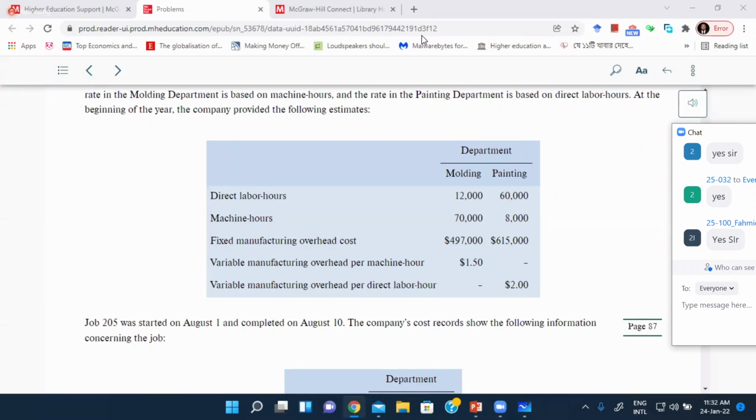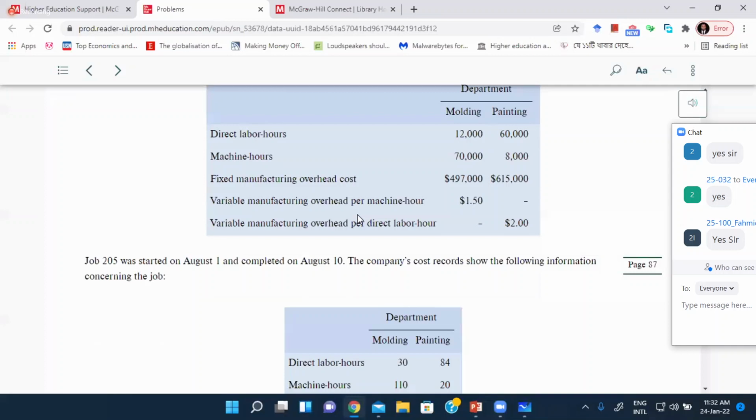Fixed manufacturing overhead cost is $497,000 for molding, and for painting it is $615,000. And the variable manufacturing overhead per machine hour is 1.5 for molding, and the variable manufacturing overhead per direct labor hour is $2 for painting.